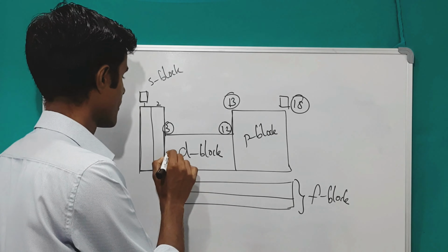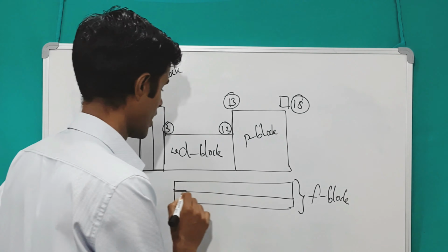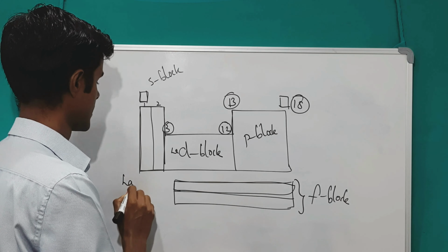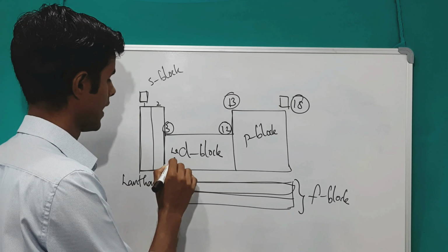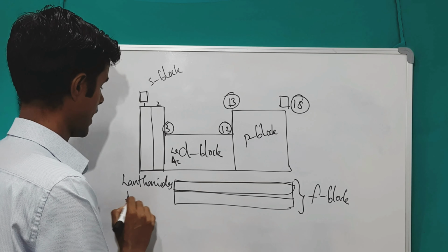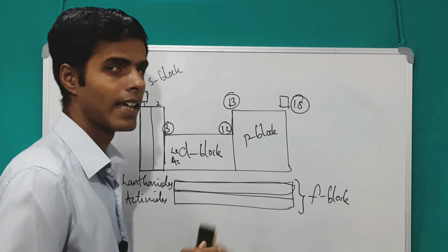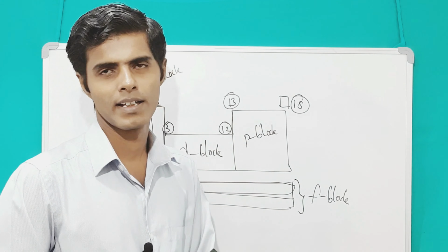The elements coming after lanthanum are known as lanthanides, and the elements coming after actinium are known as actinides. Lanthanides and actinides are collectively called F block elements.